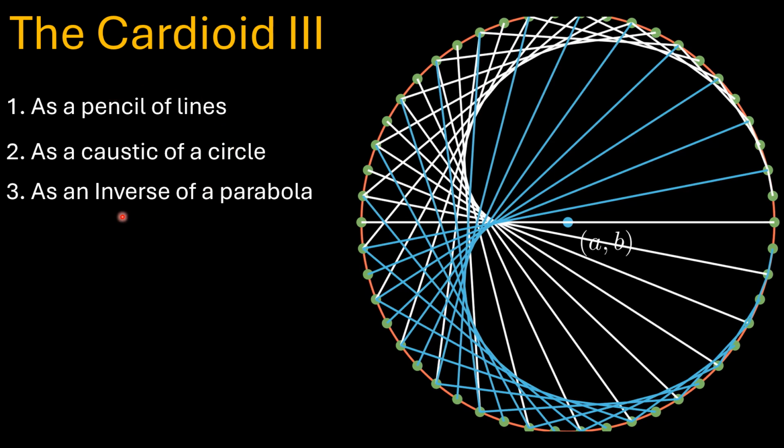And then the third and last aspect of today's treatment is that a cardioid is an inverse of a parabola, and that is, the inverse or the reciprocal of the radius of the parabola actually is the radius of a cardioid, and we'll show that and actually plot it.